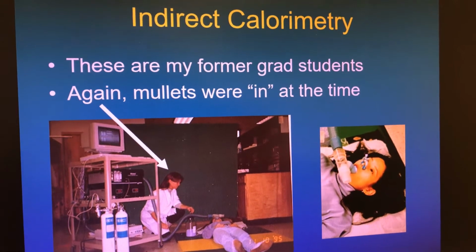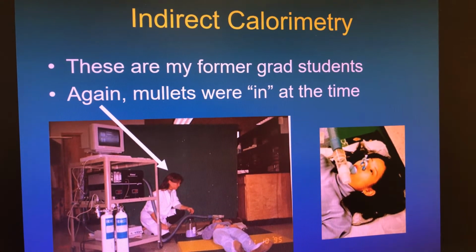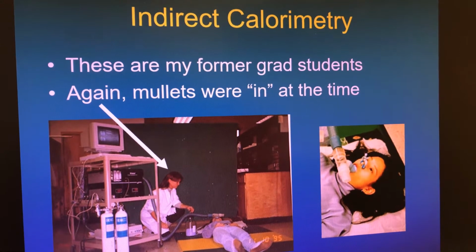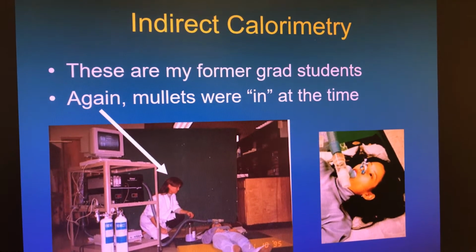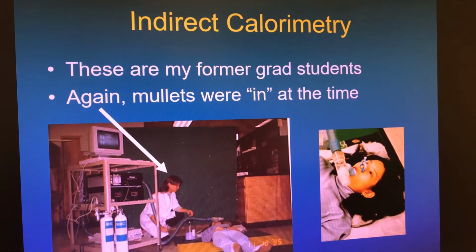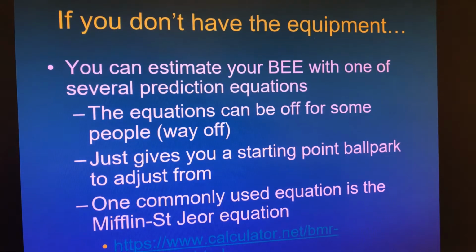So that's how it determines the oxygen consumption, and then you multiply it by a factor, because oxygen consumption is proportional to energy expended, in this case at rest.